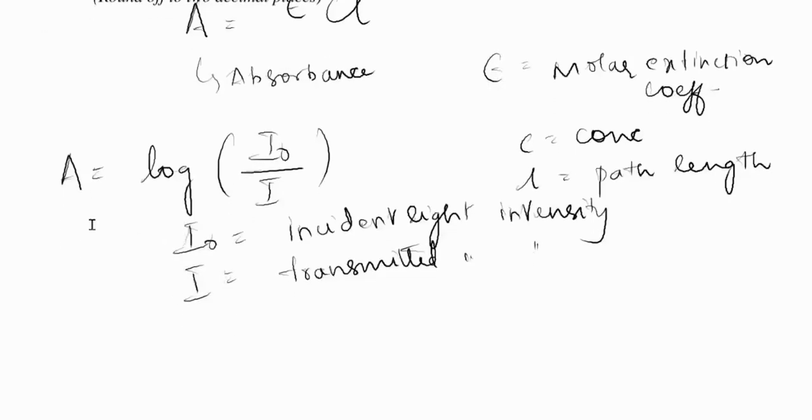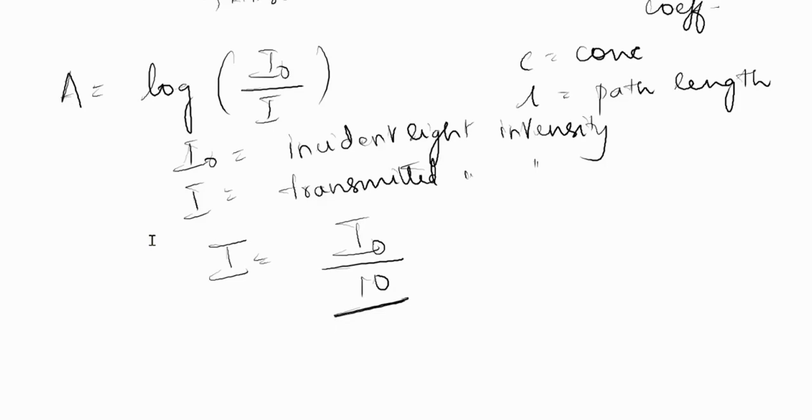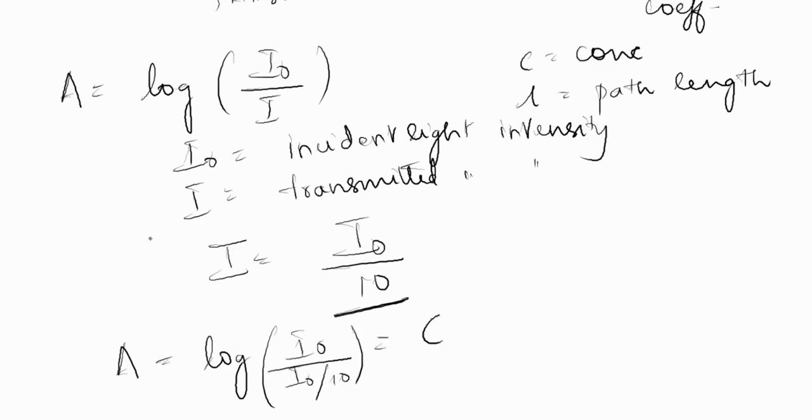Now we know that 90% of the incident light is absorbed, which means I equal to I naught divided by 10, because if 90% is absorbed, 10% is transmitted. So now, feeding all these values in the equation, you will get log of I naught divided by I naught by 10, which is equal to epsilon, which we are supposed to find, into the concentration, which is 10 millimolar.